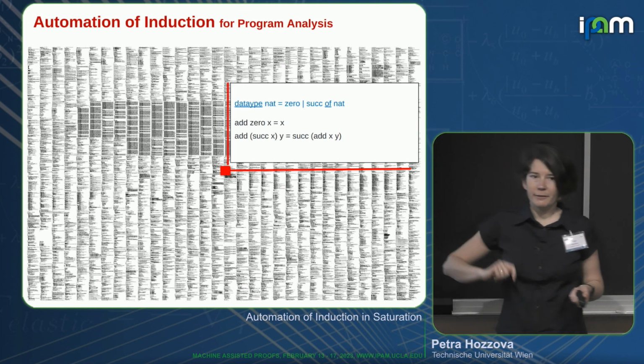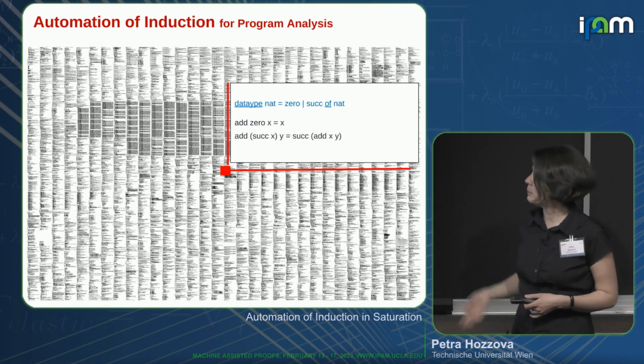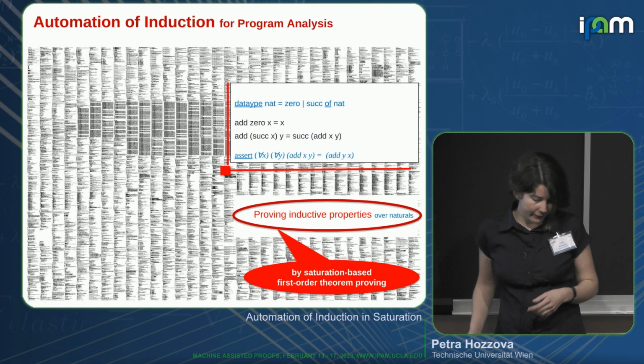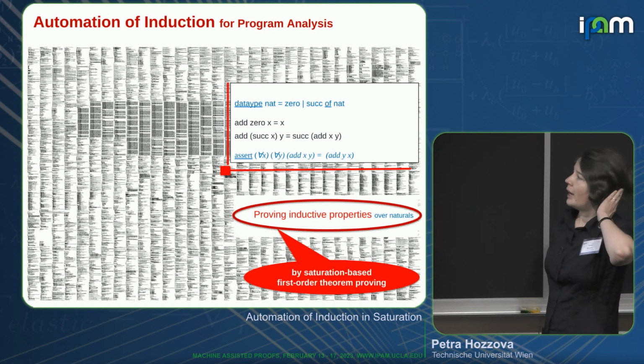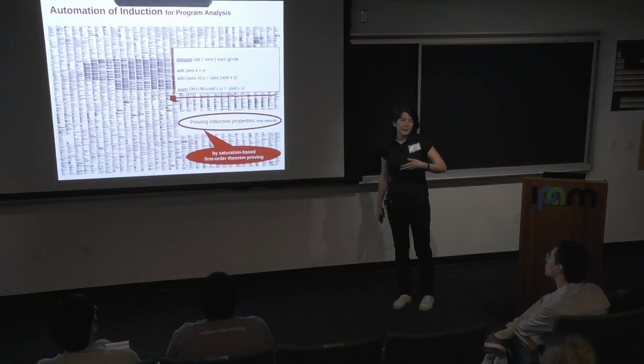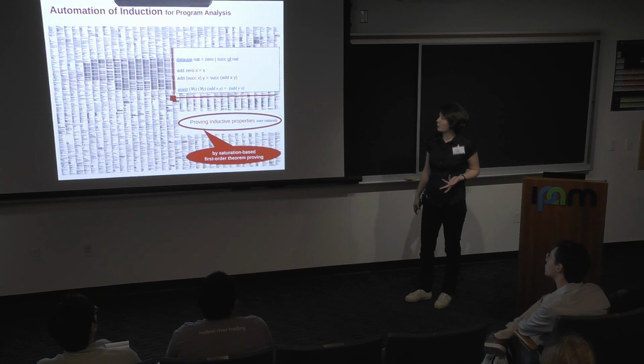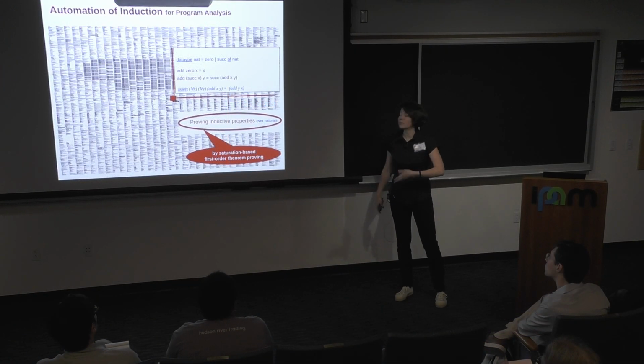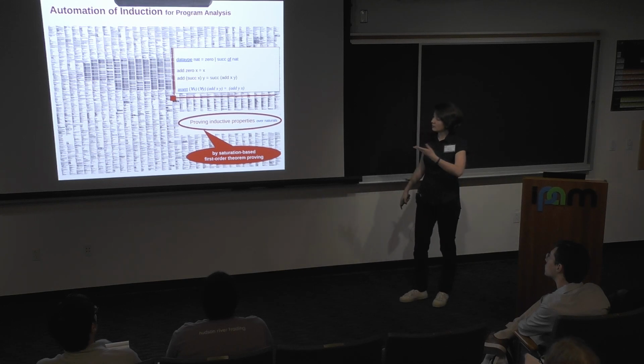And we recursively define the function of addition on natural numbers in the standard way. And given this, we would like to prove that addition is commutative. And this is, again, an inductive property, this time over natural numbers. And we would again like to prove it in our saturation-based first-order theorem proving framework.